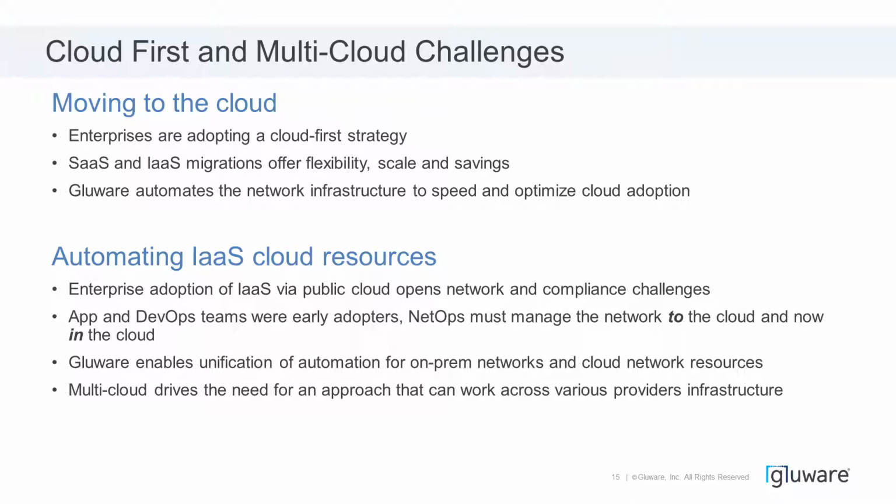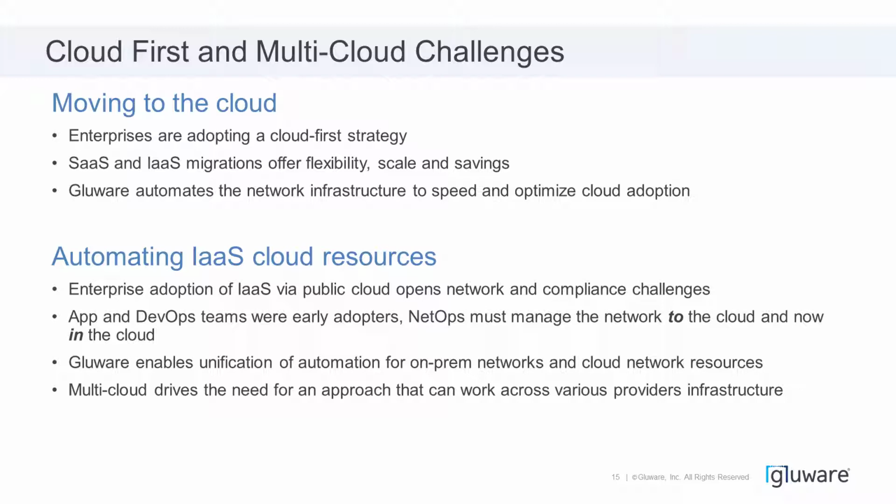So reading this slide, you may have a lot of synergies with what's happening within your organization. What we're hearing from a lot of our prospects and existing customers is that they are moving to the cloud, and with the pandemic and other things, in a lot of ways it's accelerating the move. So they're adopting a cloud-first strategy. Cloud can mean many things, but we kind of drop it into two buckets of software as a service or infrastructure as a service.